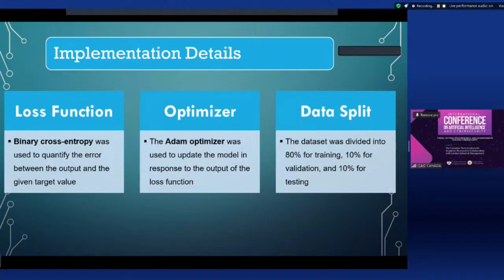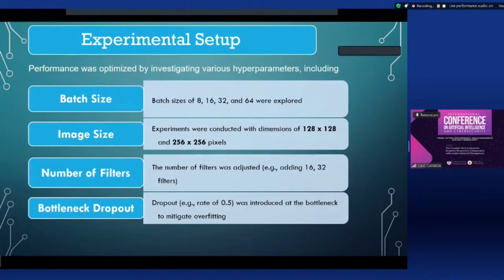Data splits were already mentioned earlier. The experimental setup: these are the batch size, normally the number of data points that the network goes through before it completes one epoch. We tried various batch sizes to see the performance. And then you have the image size also.